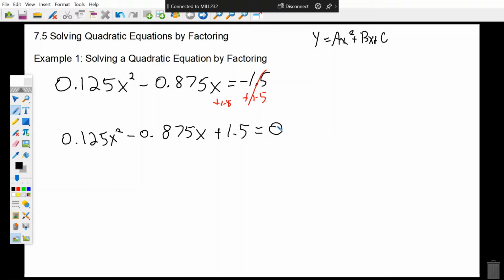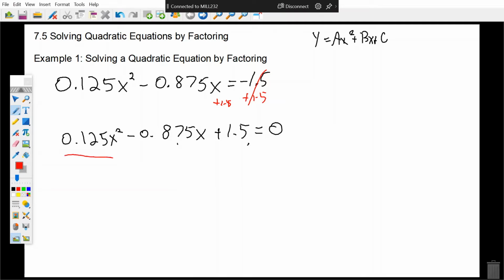Now, to factor this right now would be hard. But luckily, all of these can be divided by 0.125.